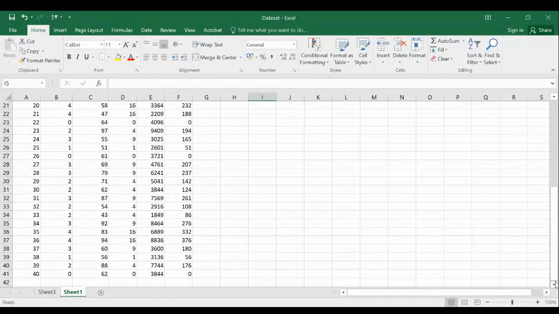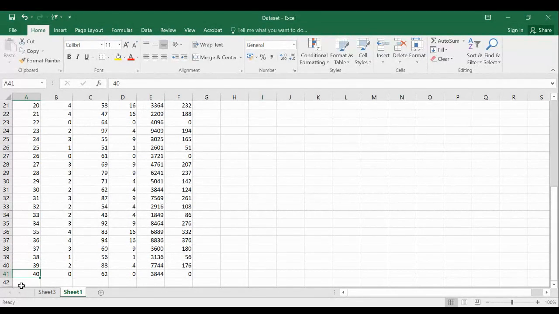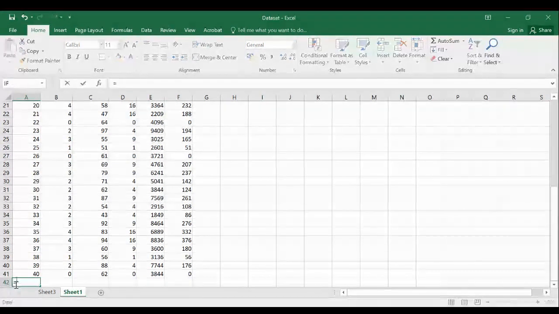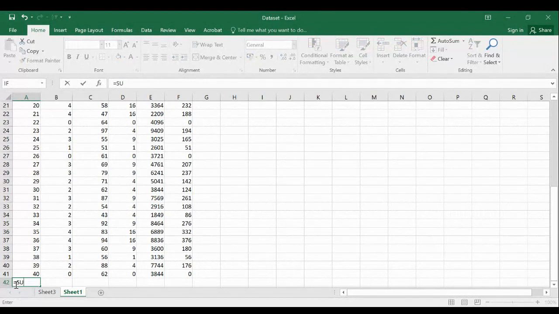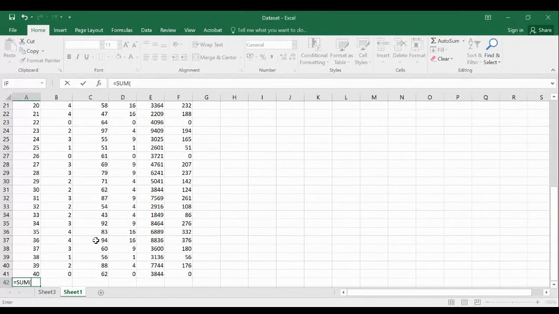As I've indicated, we have 40 values. As you can see, the last person is number 40. Now we need the sum of these things. Let me use Auto sum.